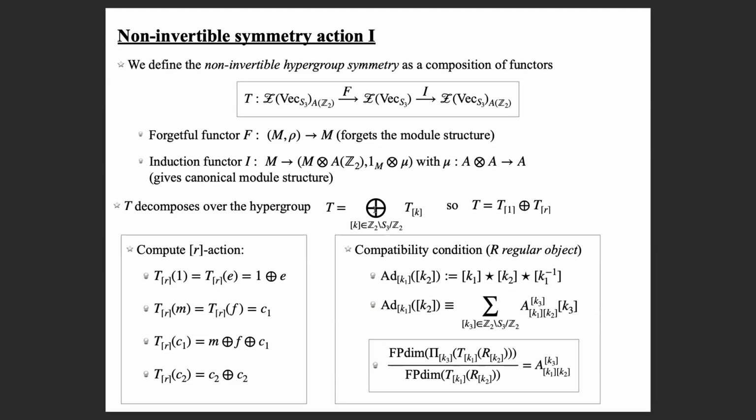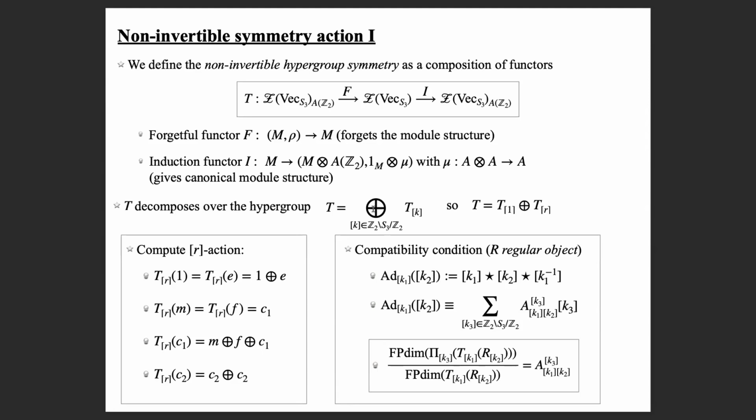And similarly to the compatibility condition between the tensor product and the hypergroup grading, there is also a compatibility condition between this hypergroup symmetry and the grading, which is defined here. So for it, we need to define an adjoint action where we just use the product of the hypergroup and by conjugation.